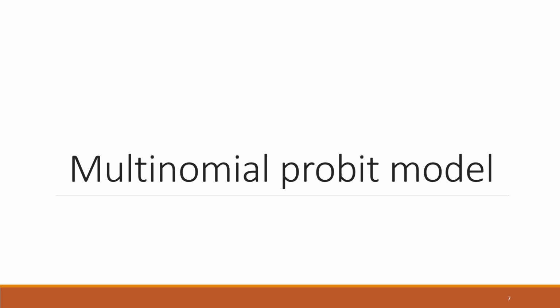Okay. So, with this, for now we end the discussion on the multinomial Logit model, and now we will be moving towards multinomial Probit model. Okay. So, this is the second discrete choice model that we will be focusing on in this lecture.